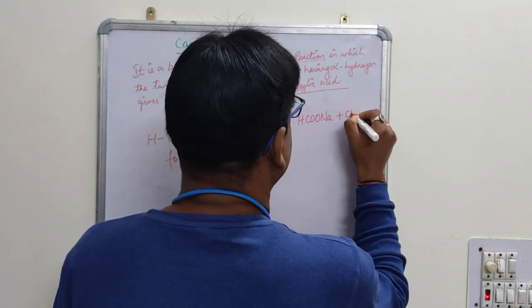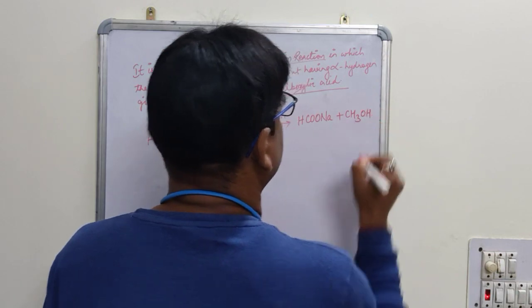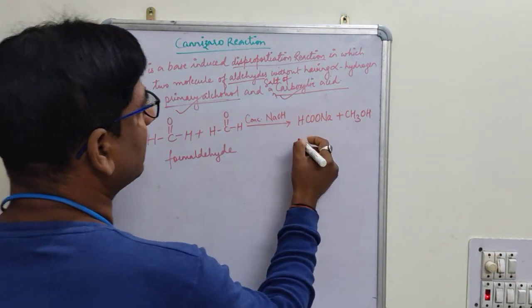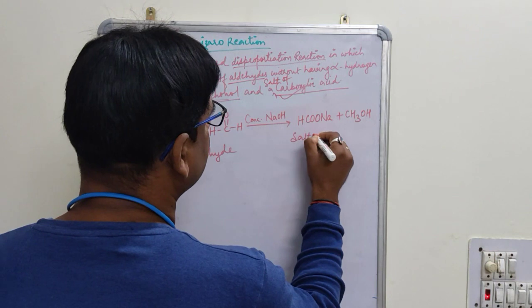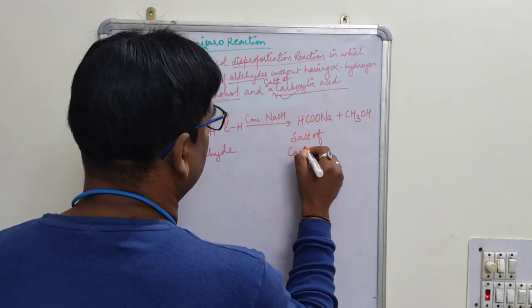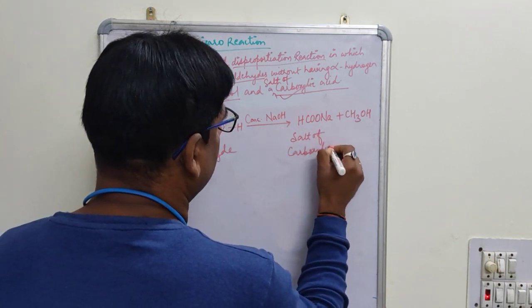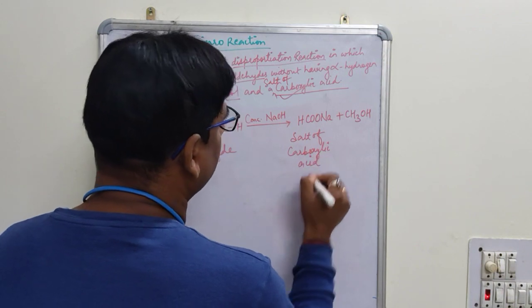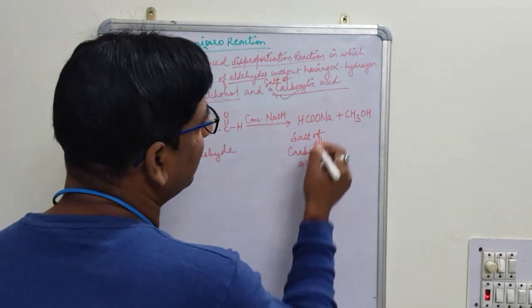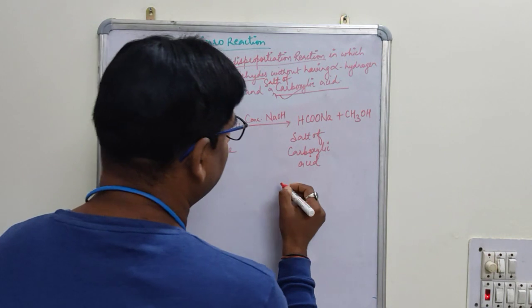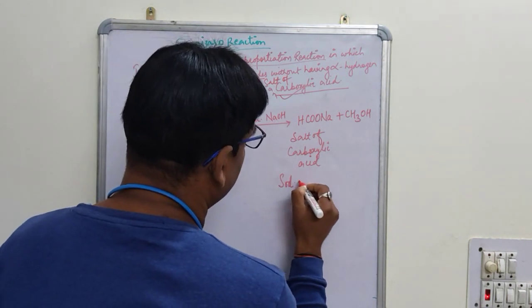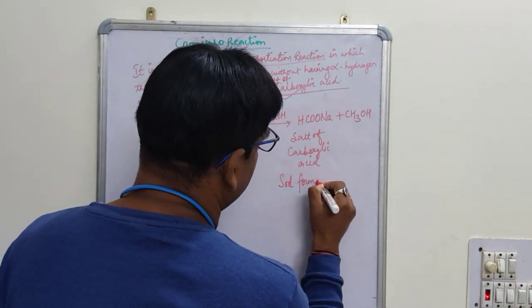plus CH3OH. Now this is what? This is, you can say, the salt of carboxylic acid. Or you can write the name of it, that is sodium formate.